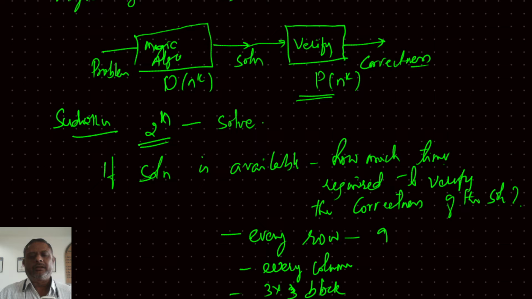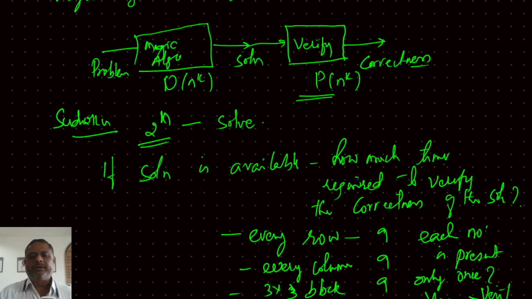There are 9 rows, 9 columns, and 9 3 by 3 blocks, and verify whether each number is present only once. If yes, then it is verified that the answer is correct.